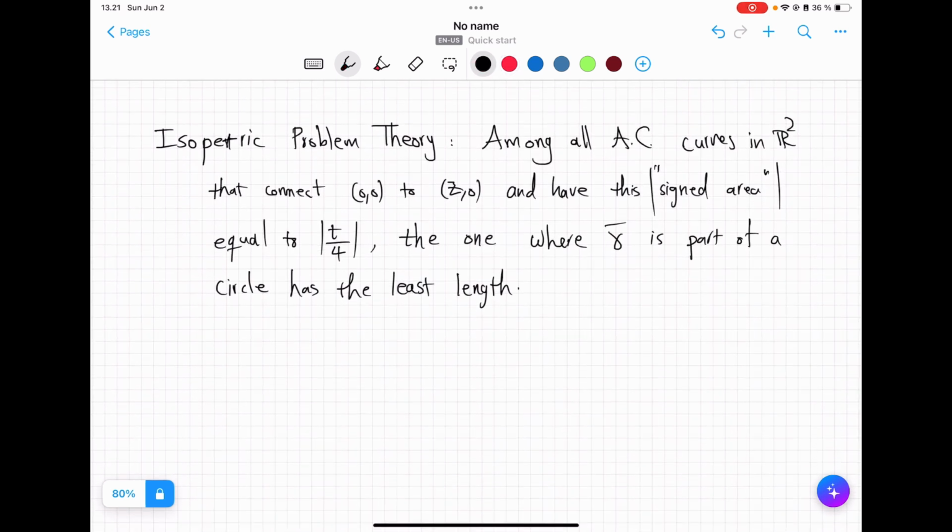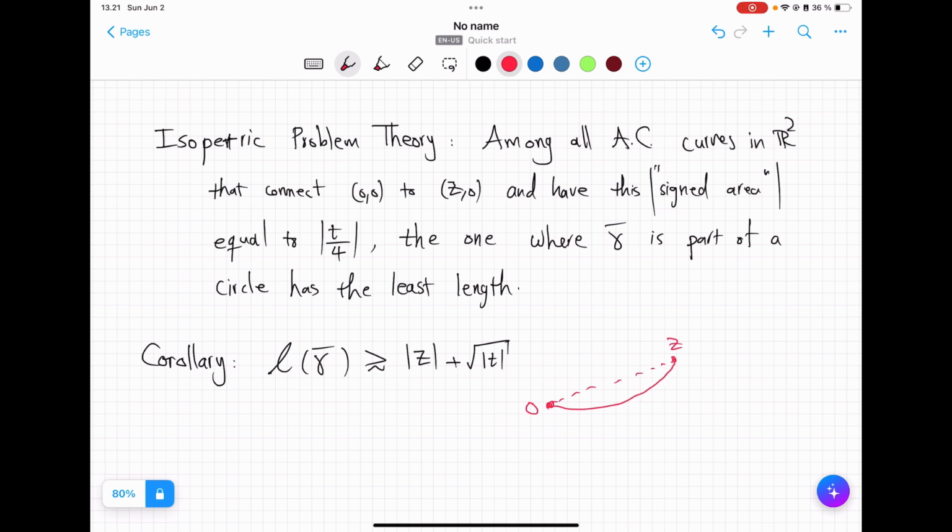And once you know this fact, it's easy to calculate how much length that will be. So the length of that circular arc will be comparable to length of z plus square root of t. So what I'm claiming is that if you have a circular arc from 0 to z, part of a circle, and this area is t, then the length of this part is bounded from below by such thing.